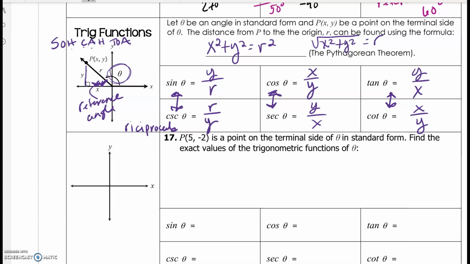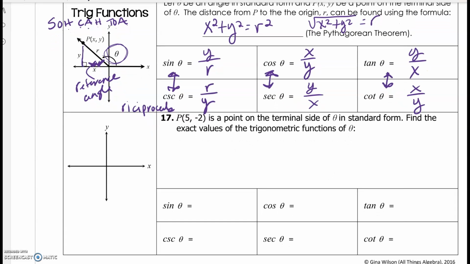All right, now let's do one with an exact value here. So it says 5, negative 2. So if I go out to positive 5 and down to negative 2, that's my point. I'm looking for the angle.